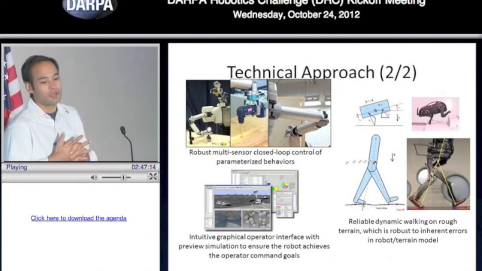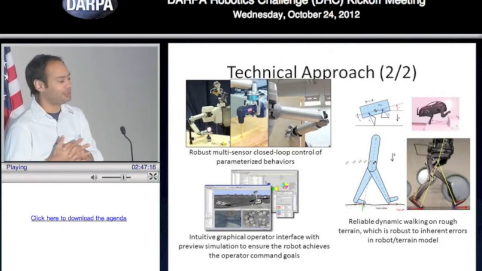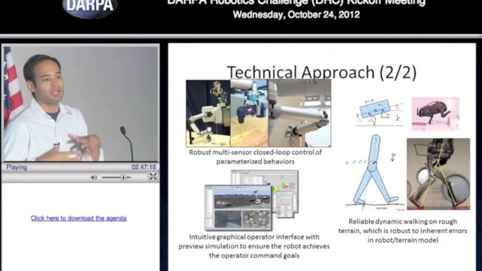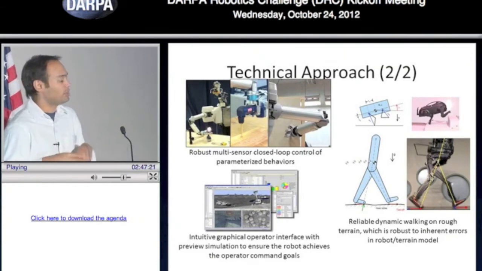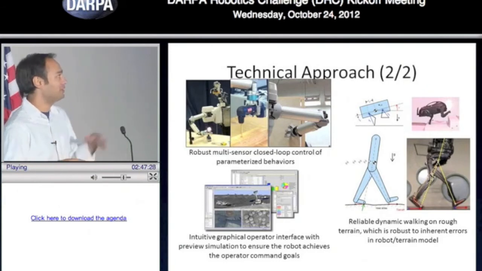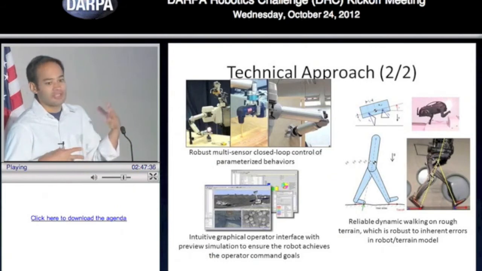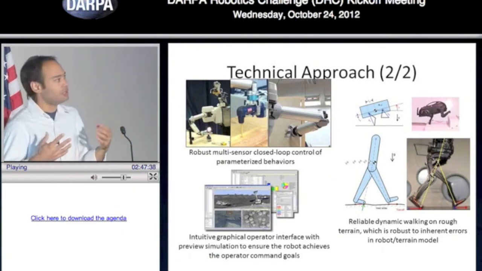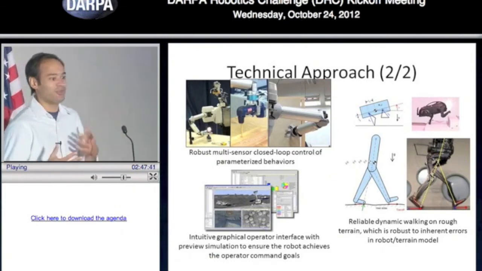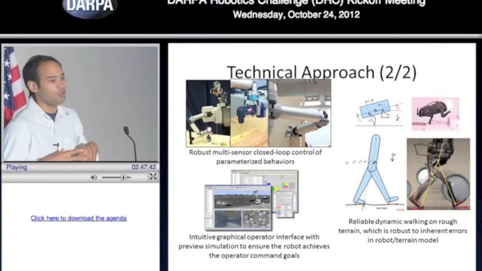Our manipulation approach extends from our RMS techniques, where we've been developing a suite of controllers, and we combine these controllers into behaviors which we can then sequence and autonomously combine in order to do things like grasping of objects, actually controlling the trigger on the objects, force-controlled drilling, and investigation of the scene using tactile sensors, as well as force control and vision to do very fine precision manipulations, such as inserting a key or opening a door.